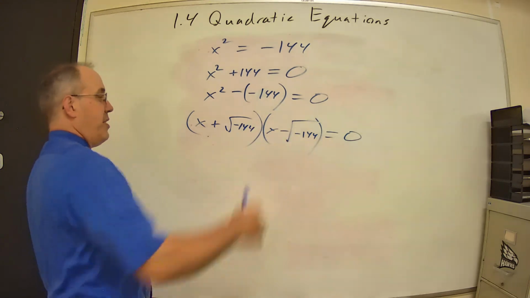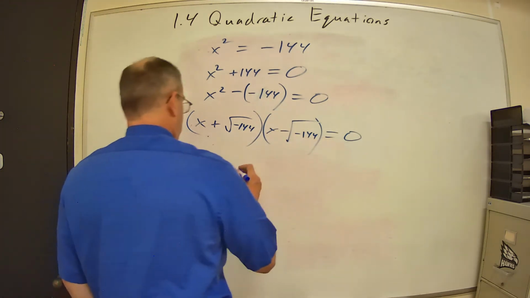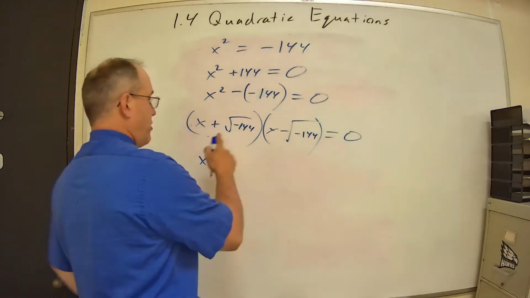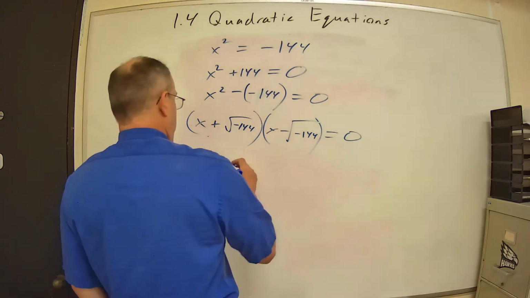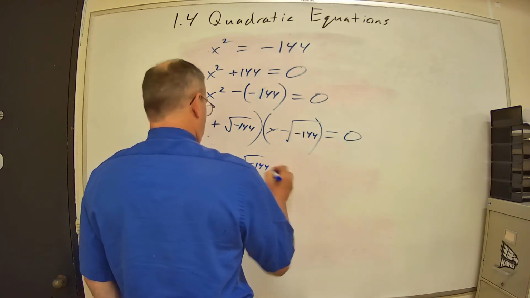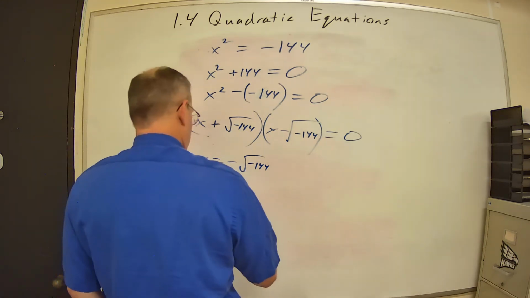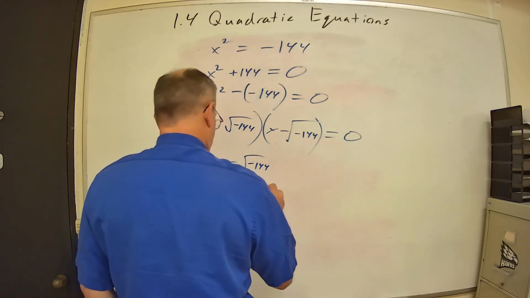So we can set these each equal to 0. X is equal to, or I can say, we've already got that, so pull that over to the other side, minus negative square root of negative 144. And x is equal to positive square root of negative 144.